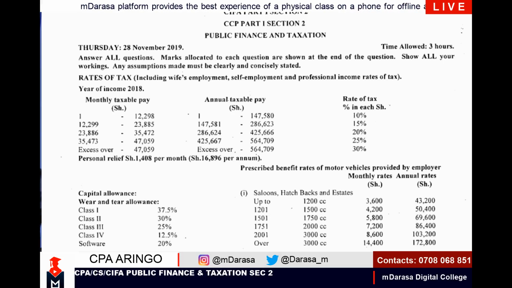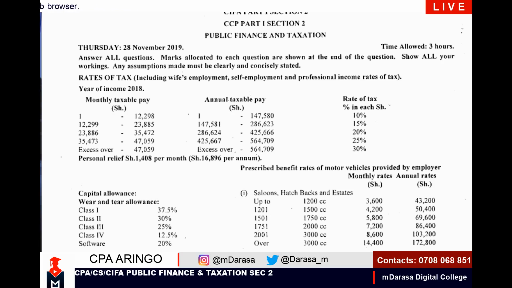147,581 to 286,623, I'm given 15%. 286,624 to 425,666, I'm given 20%. 425,667 to 564,709, you are given 25%.